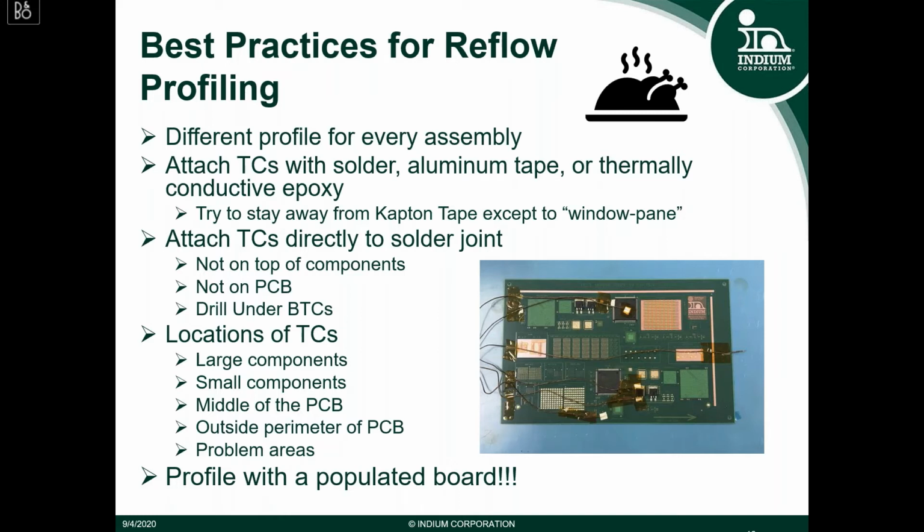If you don't have access to a high temperature solder, many others use conductive epoxies or aluminum tape. In the picture below, I've used aluminum tape, the white tape on the bottom attaching the thermocouple tip to the board. What you'll also see in this picture is Kapton tape.